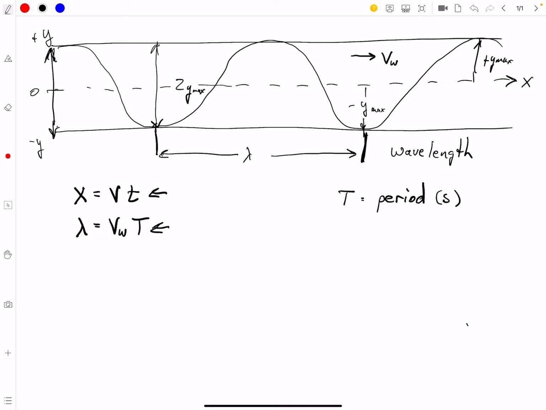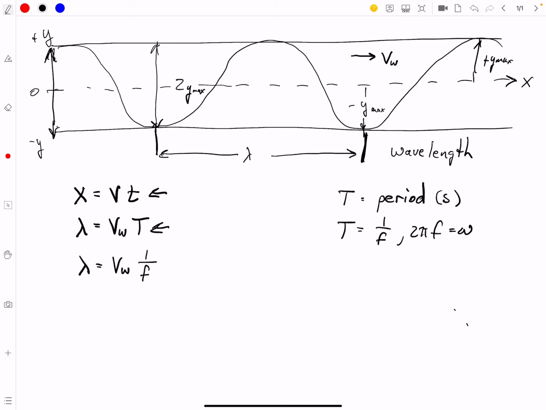And then knowing that t is equal to 1 over f, and I like to write it like this, 2 pi f equals omega, then we have all the other equations that we need. So we can write lambda equals v_w, the velocity of the wave, times 1 over the frequency.